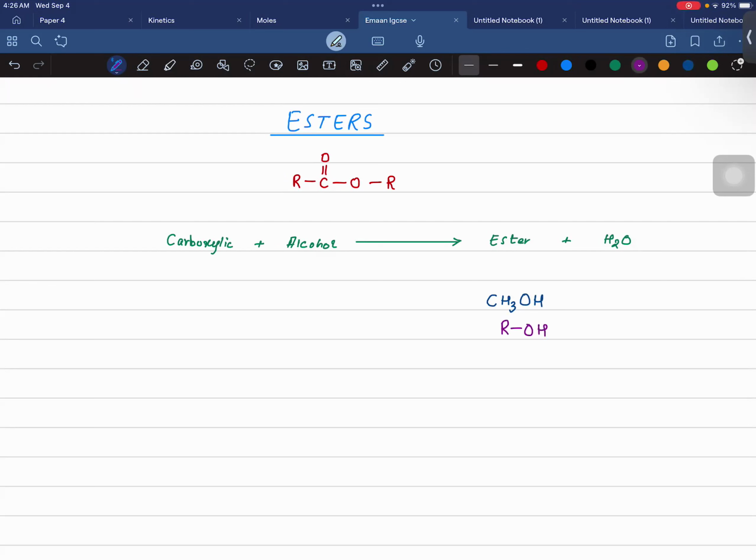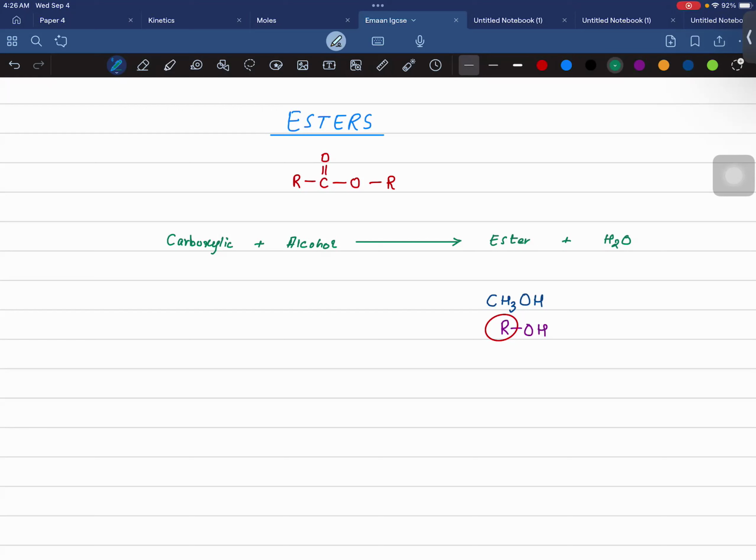So here the R is CH3. When we write the formula for ethanol, that would be C2H5OH. In that case, I would say that the R is C2H5. So that's why I can say that R is any alkyl group. R means any carbon containing group, right?